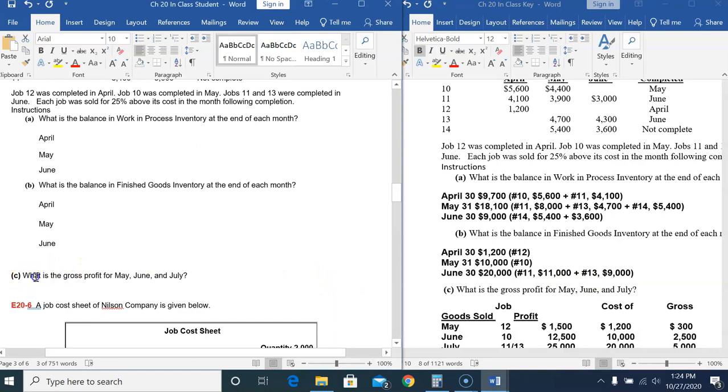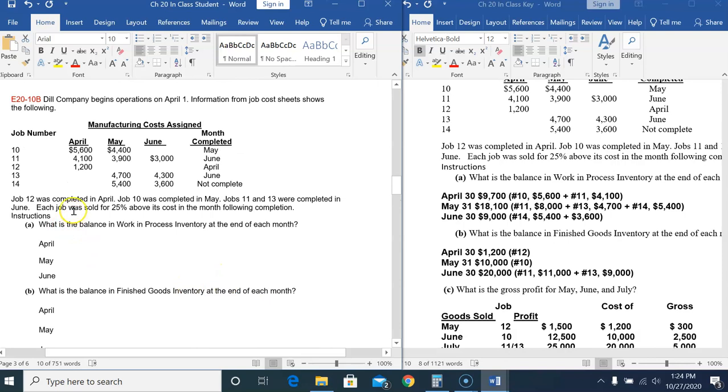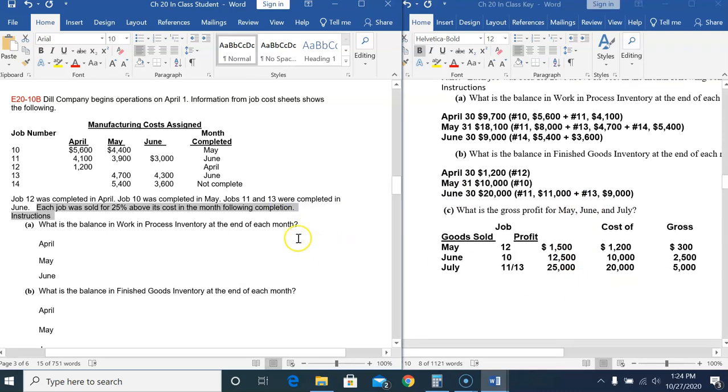Finally, they want to know what the gross profit is for May, June, and July. Remember, gross profit is essentially the difference between the cost incurred to manufacture and the amount it was sold for. If each job was sold for 25% above its cost.